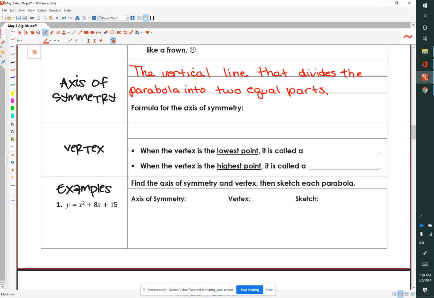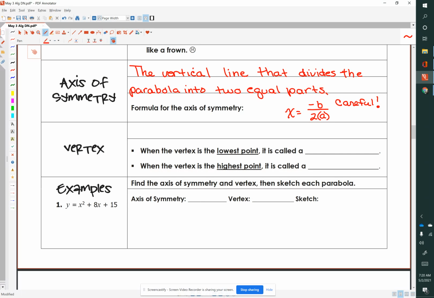So we also have a formula for finding the axis of symmetry, which is x equals negative b divided by 2 times a. Be very careful with the negative sign. Okay, be very careful with that.